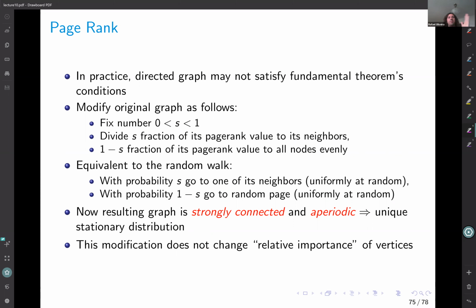This S parameter is not something that will mess up your rank. It's just something that will get your random walk to converge, but whatever ranks you got will still be relatively the same. A more important page before is still more important than whatever other page you had. So this modification does not destroy the property that you want to preserve, and this is really the full algorithm of PageRank. Does that make sense?